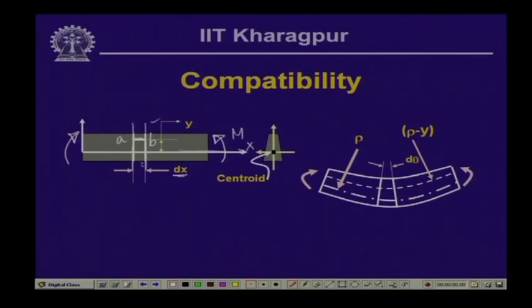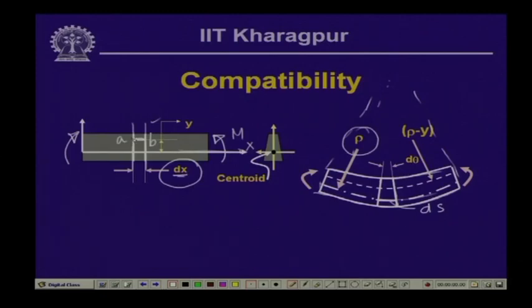So, under loading, let us say it undergoes deformation, and the deformed shape is something like this, which is the part of a great circle. Now, if we concentrate on this particular segment, which was originally dx, and let us say that it undergoes deformation, and let us call that along this particular length, this is ds, and this axis of the beam has a radius rho with reference to the center of this great circle.